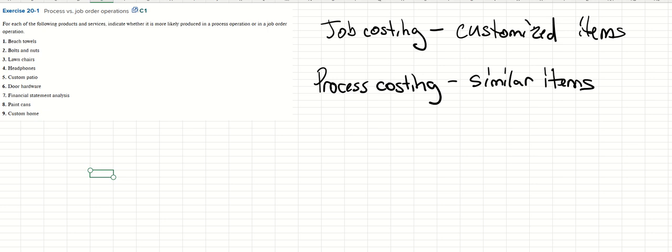Those chairs all look the same and they all do the same thing. The production of those chairs is going to use process costing instead of job costing, because those chairs are not unique. They all look the same. So that's the notable difference between job costing and process costing.